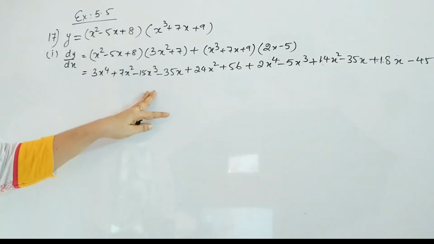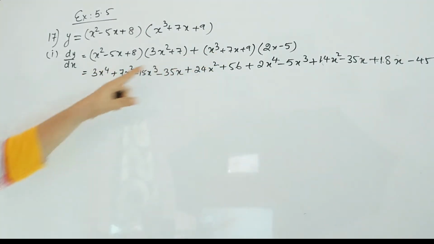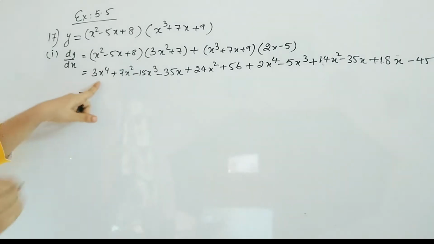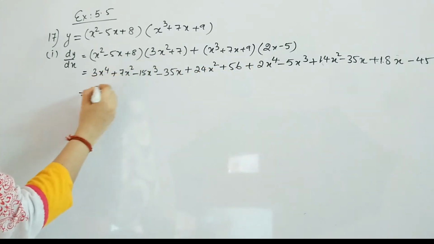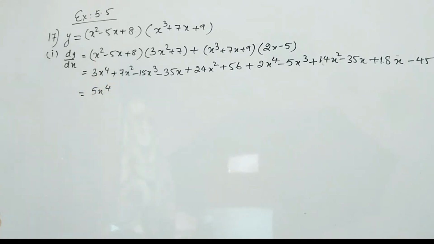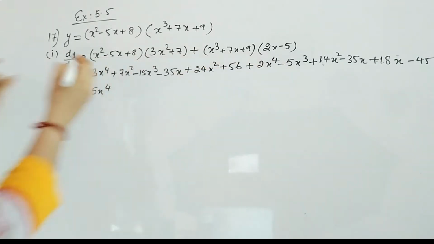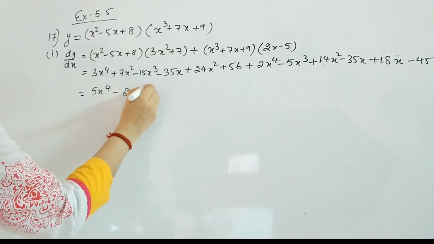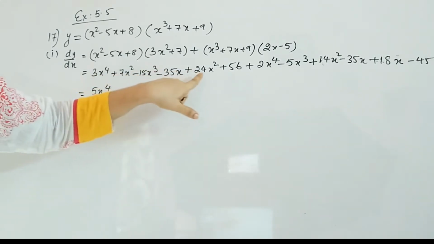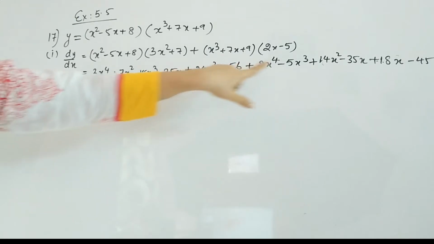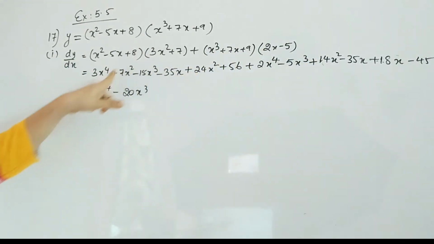Now for the power of 4 you will get 3 and 2, which becomes 5x raised to 4. Then the x cube term: minus 15 and minus 5 will give you minus 20x cube. Then the x square term: plus 7, then 24 and 14. How much will you get?